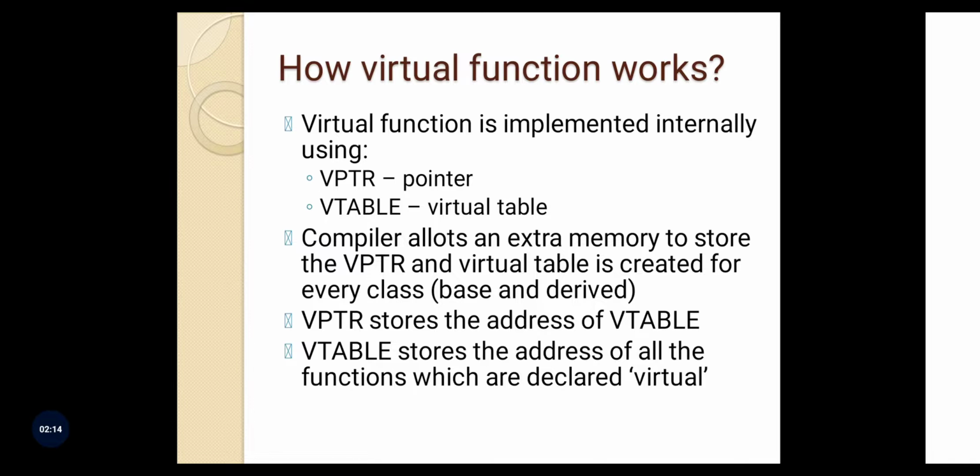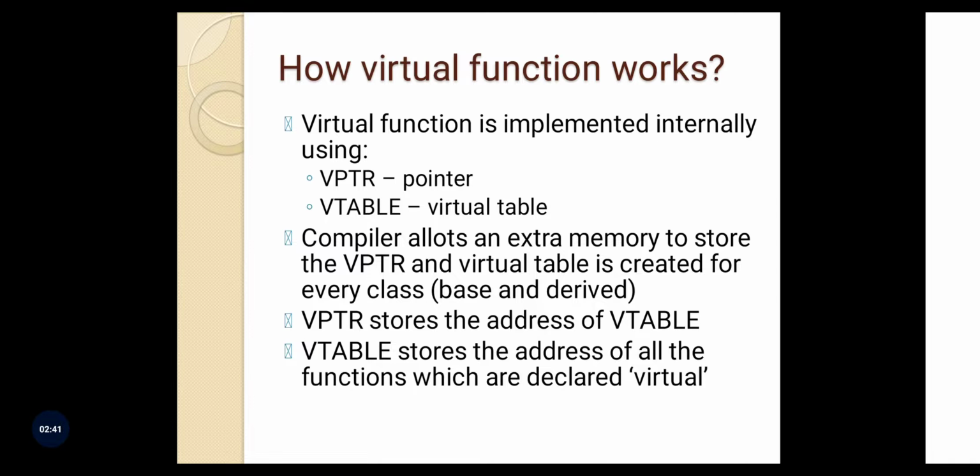Now what exactly goes into a virtual table? The virtual table consists of the addresses of the virtual functions of that class. For every class, one virtual table is created. Since the virtual table exists in memory, it will also have an address. Here is where the virtual pointer comes into the picture.